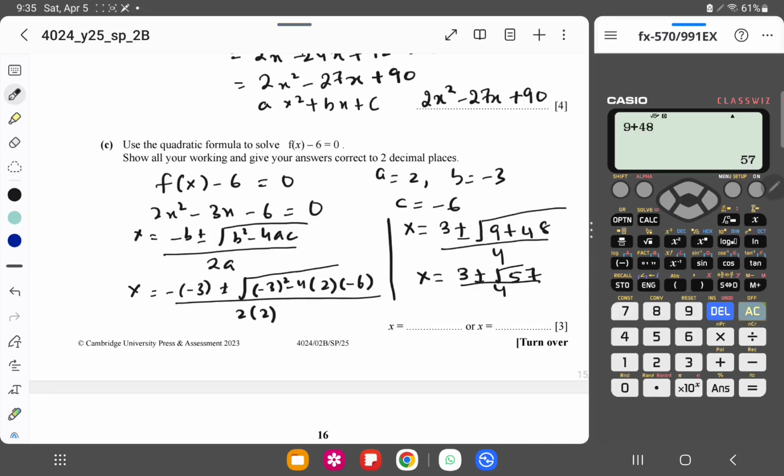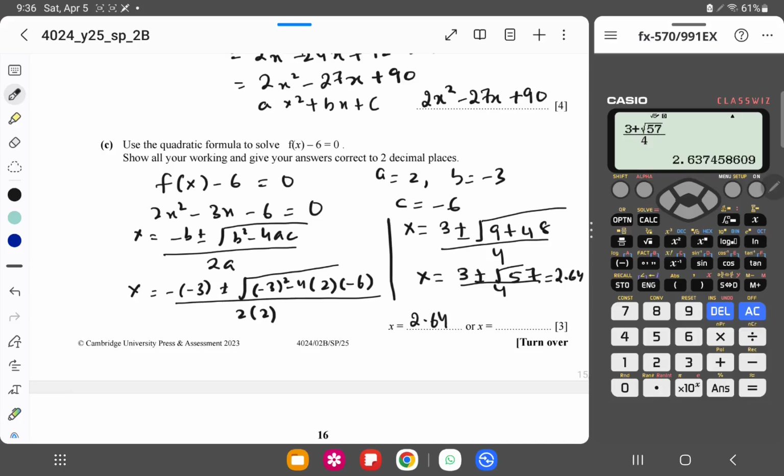Find out the answers one by one. So that is 3 plus square root of 57 upon 4 equals 2.637. To 2 decimal places we have to find our answer. So 2.64 is the answer for one part.